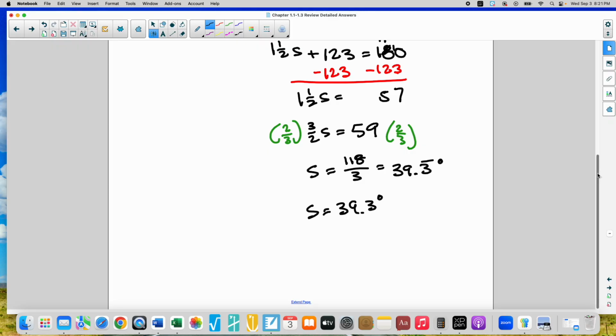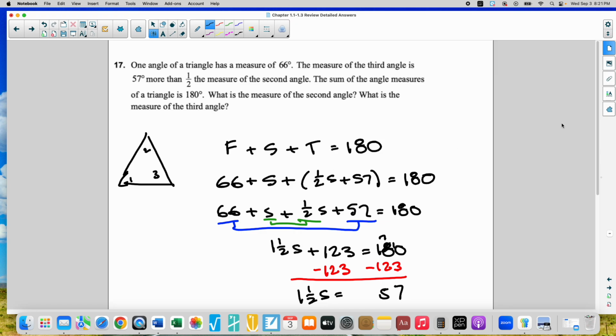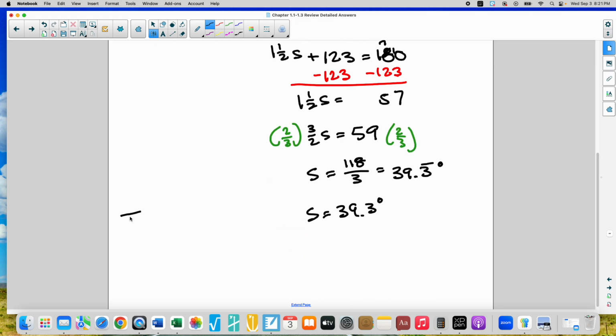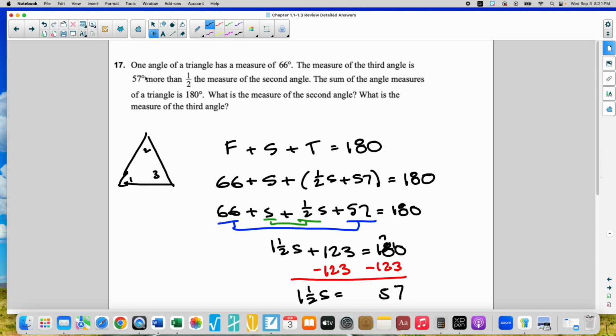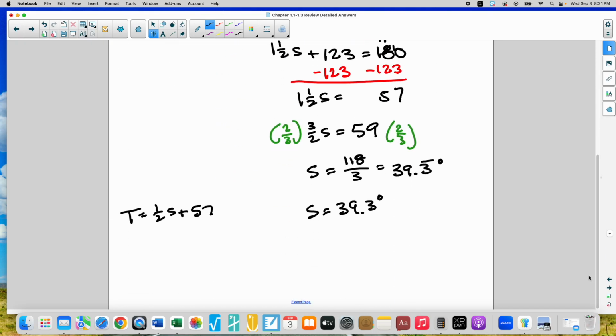So if you want to find the third angle, you would put that third angle equals 1/2 the second plus 57, I think was what it was. Is it? Yeah, angle is 57 more than half the measure. That's correct, 57 more. I did plus 57.